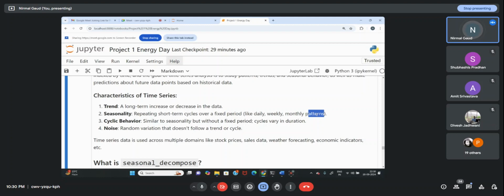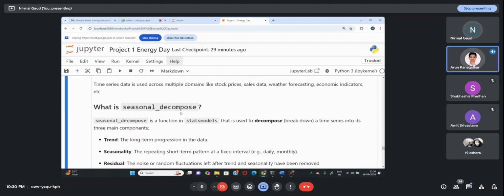That is cyclic behavior. Noise means variation in the trend or the cycle. It may happen that some points appear in the data which show variation in your trend. So these are the four characteristics of a time series.